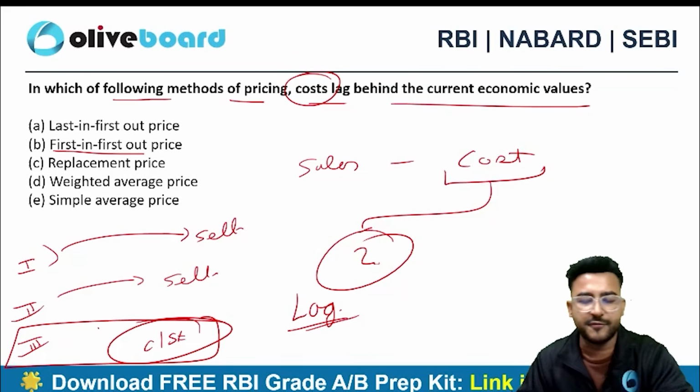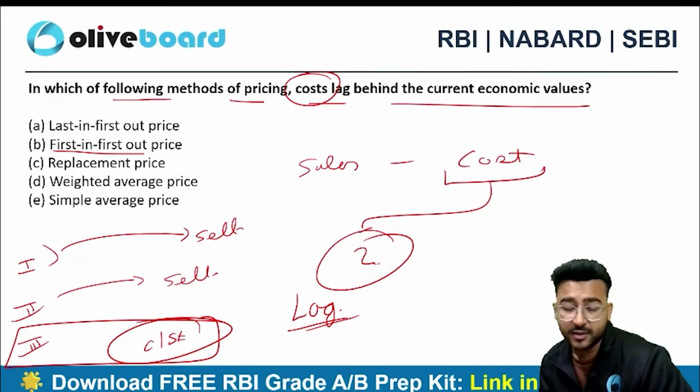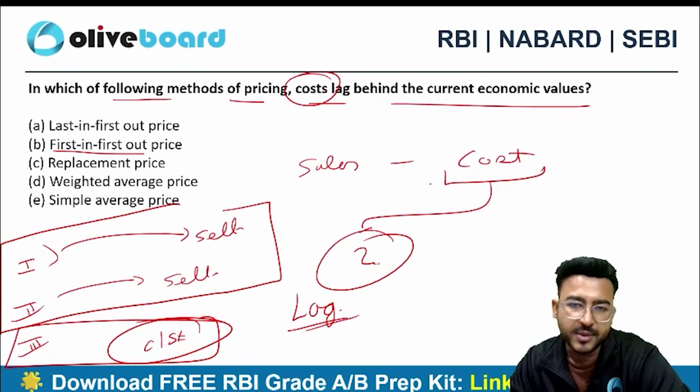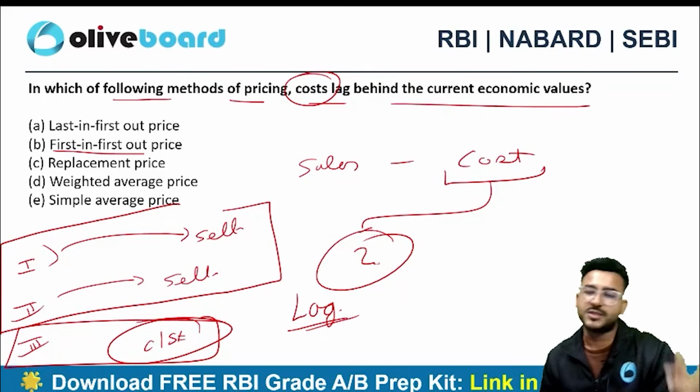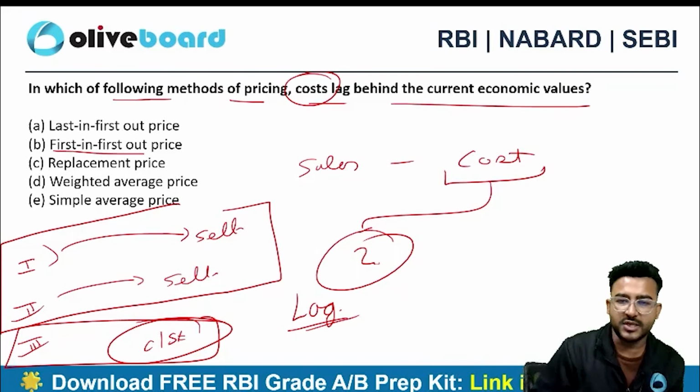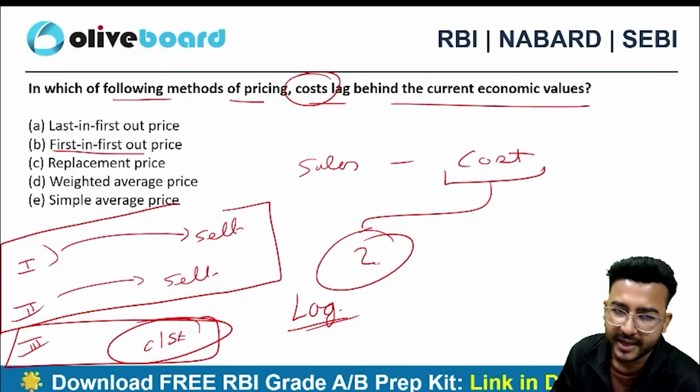Whatever is left from the last lot will be my closing stock, right? So I'll be computing my cost of goods sold from these two elements, the first and second, the initial lots from which I have done the buying.